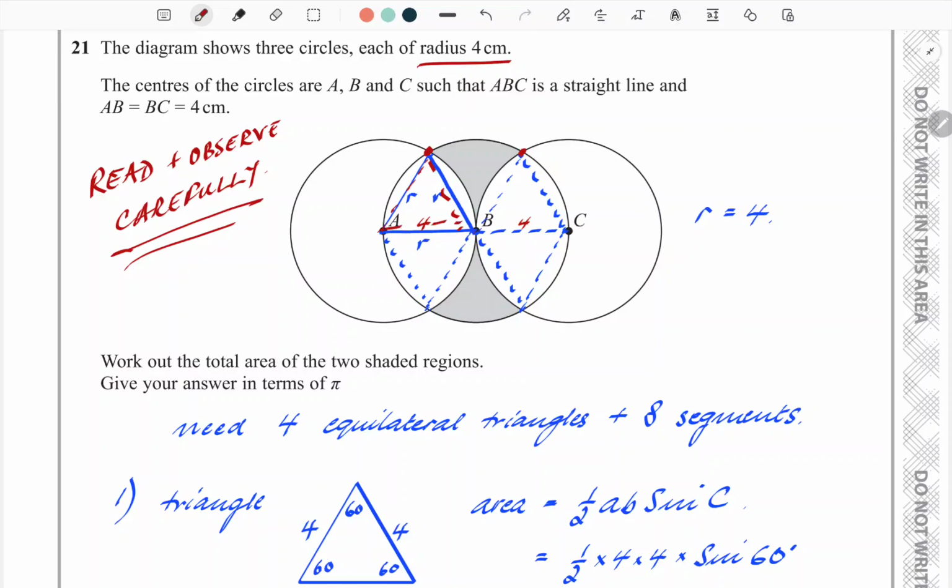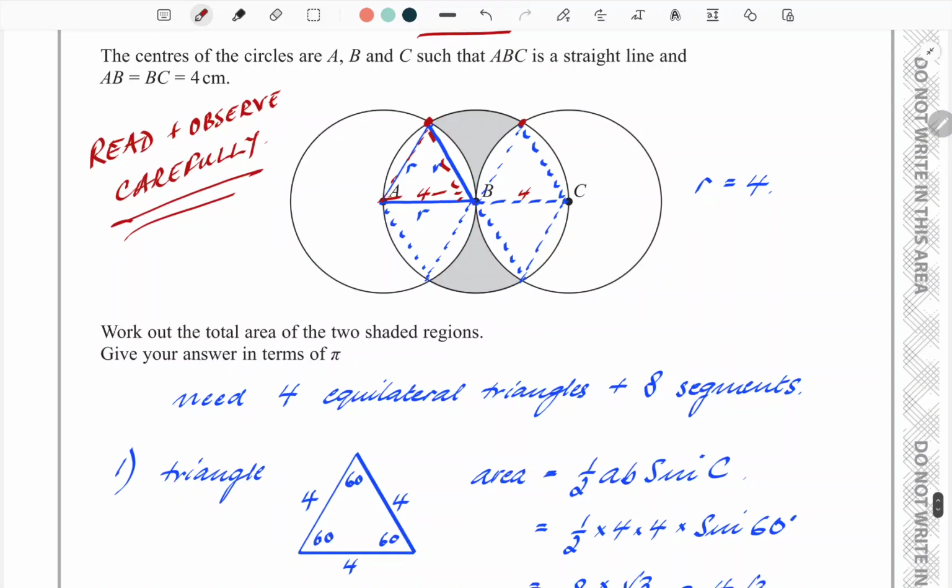All right, so look at what the question's asking for. Work out the total area of the 2 shaded regions, okay? And give your answer in terms of pi. All right, so the 2 shaded regions, effectively is a circle minus the white area, or the unshaded region, if you like, as opposed to the gray.